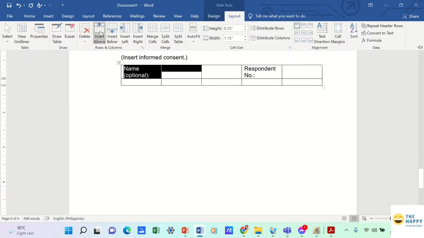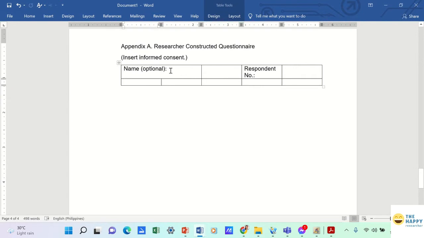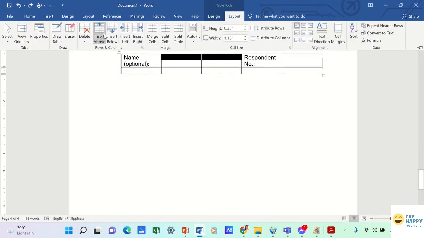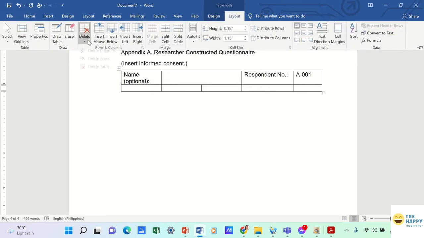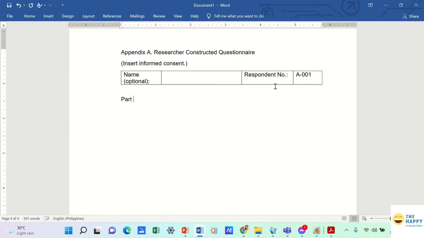The trend right now is for studies to use an already available questionnaire from another study, so that they are already assured of its reliability and validity, and will compare the Cronbach's alpha of their study to that of the original study. But for our purpose of showing you how a questionnaire is made, we are trying to make one.